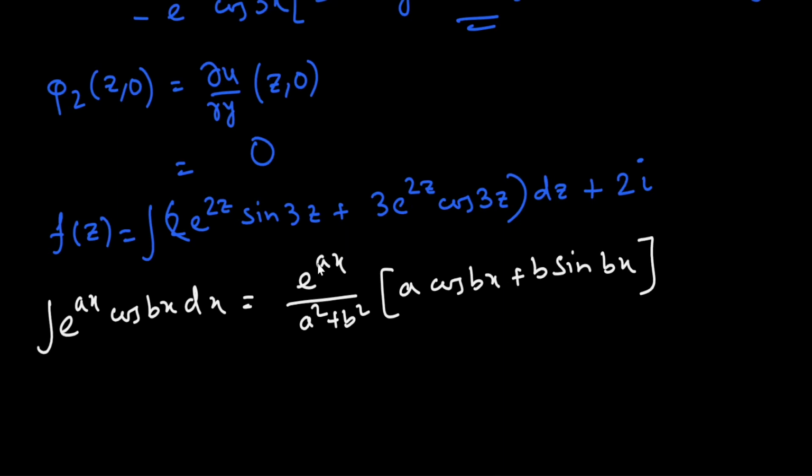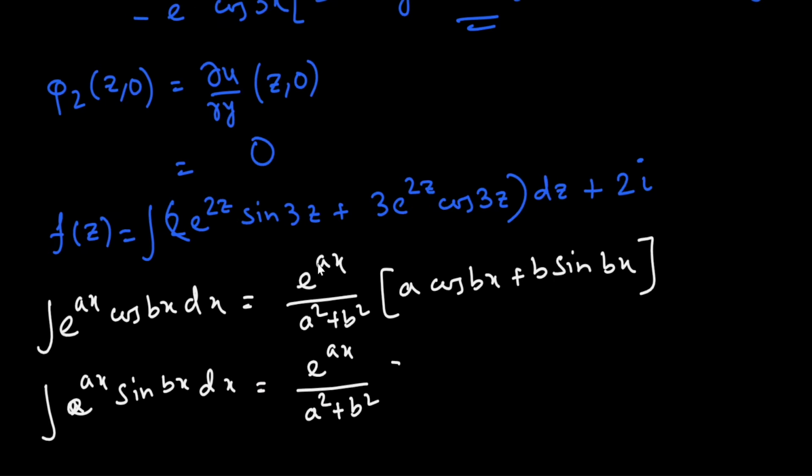And integration of e to the power ax sin bx dx is equal to e to the power ax by a square plus b square, times a sin bx minus b cos bx. We apply these two formulas here.